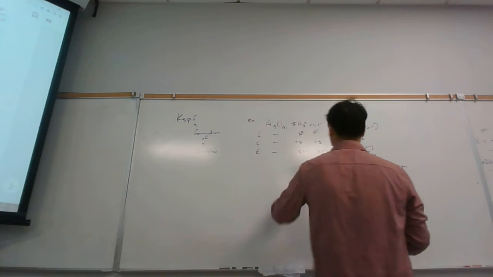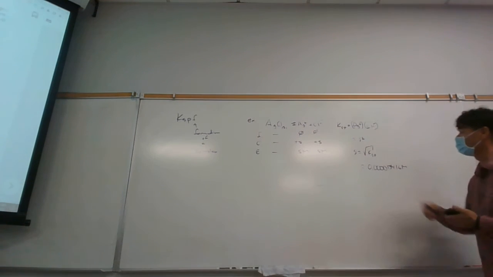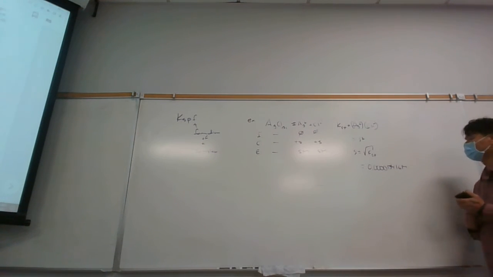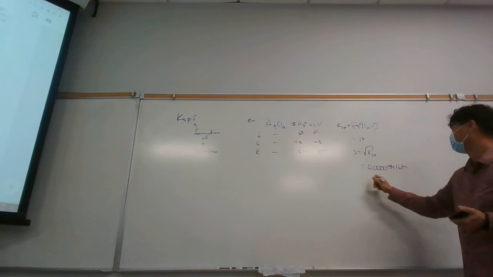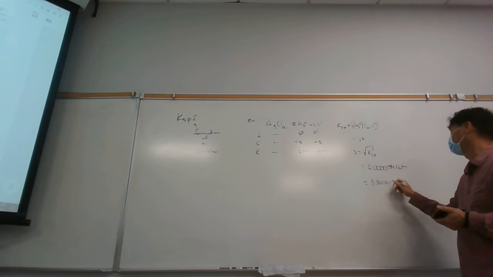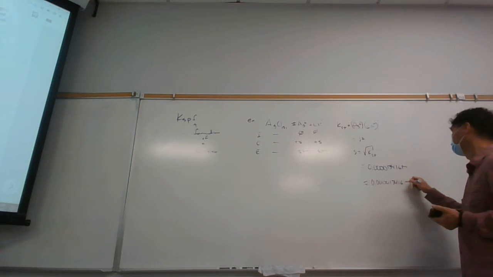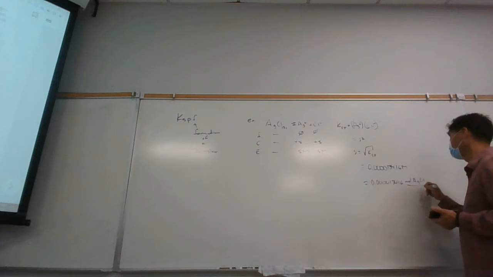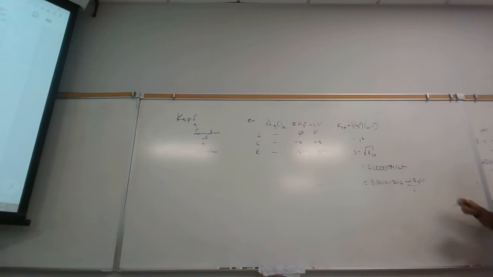Well, a mole of silver chloride, this is moles of silver chloride per liter. This would be just 0.0000134 moles of silver chloride will dissolve in a liter. A mole of silver chloride weighs about 143 grams. And so let's do that.